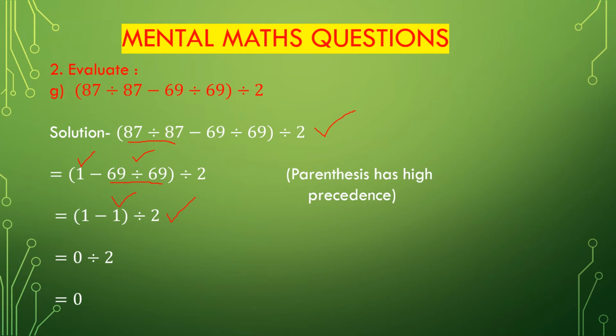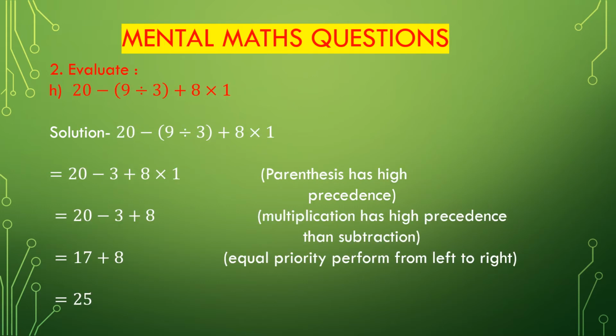And 1 minus 1 is 0. 0 divided by 2 is 0 only. We know 0 divided by any whole number, we get 0 only. So we get the whole expression equal to 0.